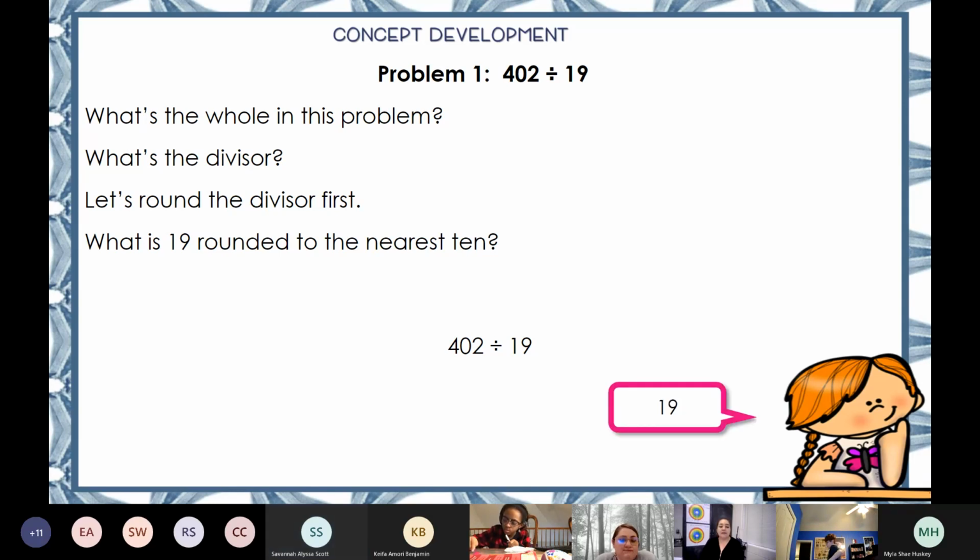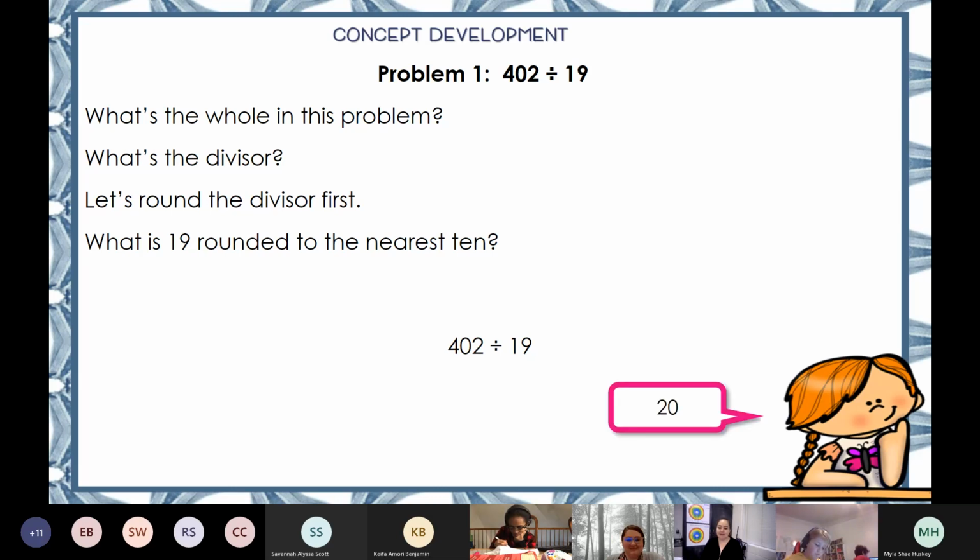So now it says that our first step is that we're going to round our divisor first. What is 19 rounded to the nearest 10? Ellie, what would we round 19 to the nearest 10 to? If 19 was rounded to the nearest 10, it would be 20.